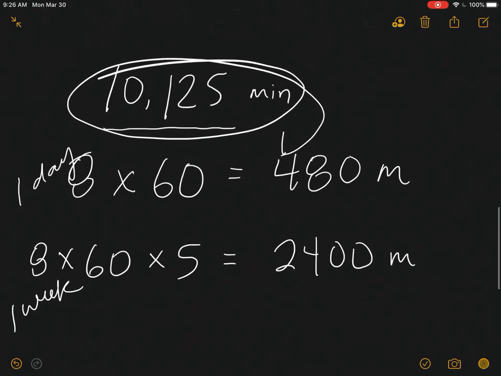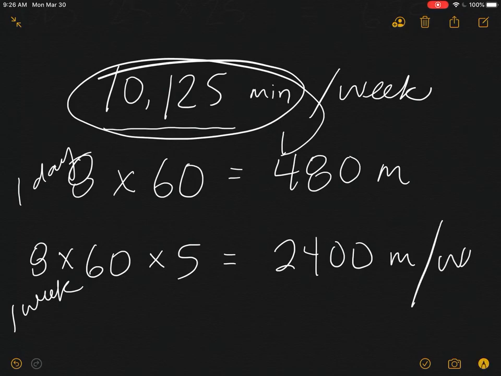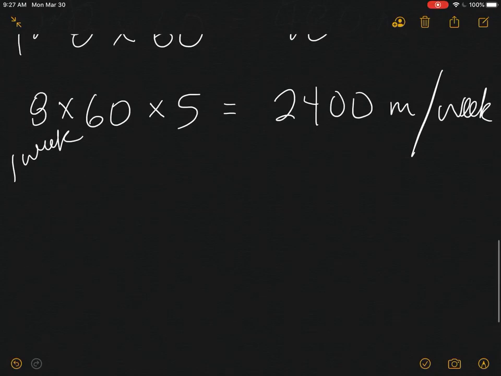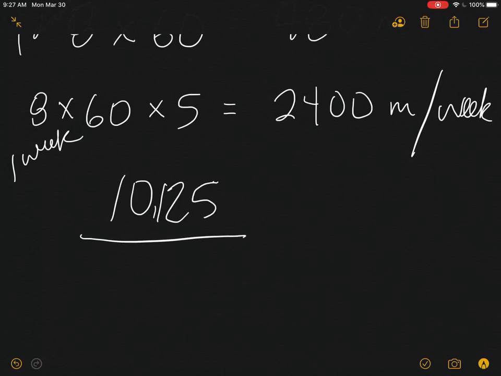So we've got 10,125 minutes per week for coding. And now one coder works 2,400 minutes per week. Okay, so now we just divide. So we divide 10,125 by 2,400.